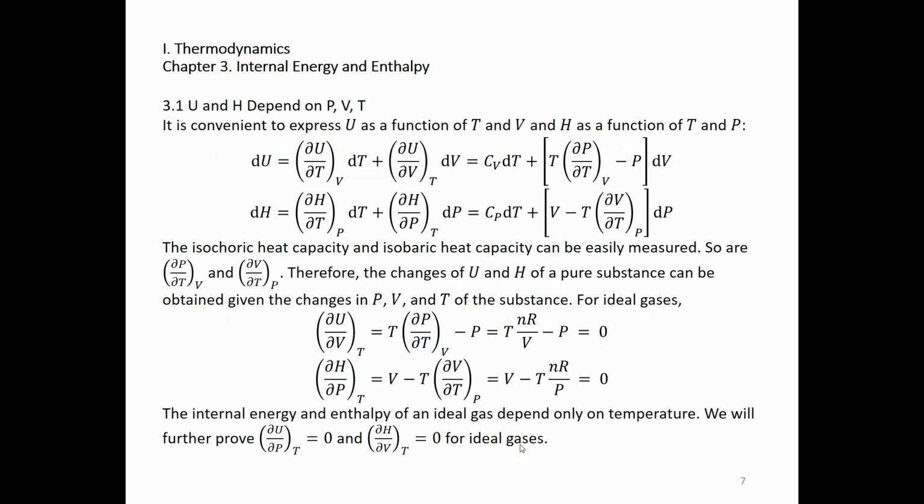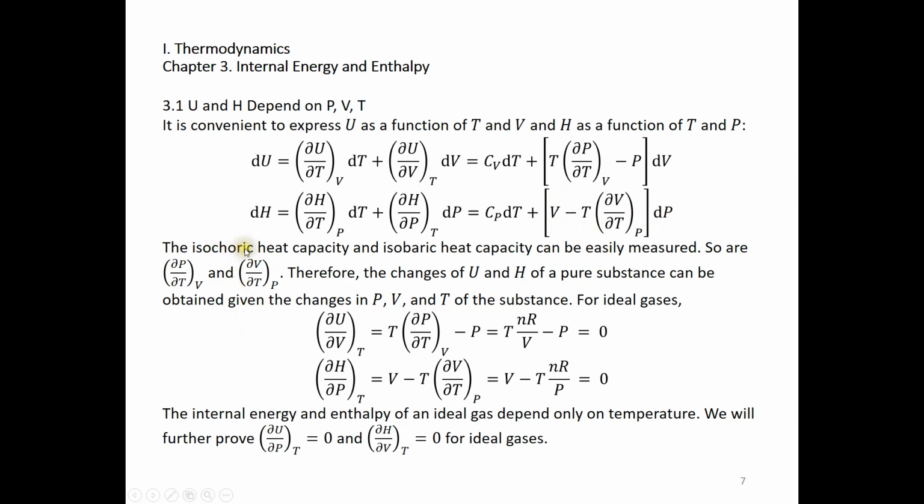alpha. It's convenient to express U as a function of temperature and volume. It's convenient to express H as a function of temperature and pressure. Again, it's just because dU can be expressed as Cv dT plus this times dV, and dH can be expressed as Cp dT plus this expression times dP.